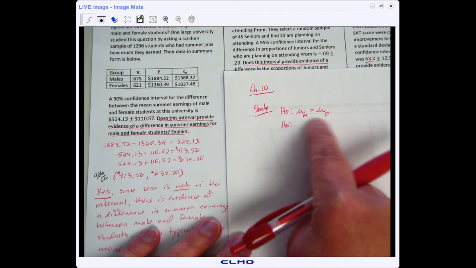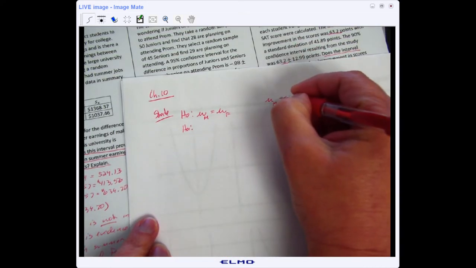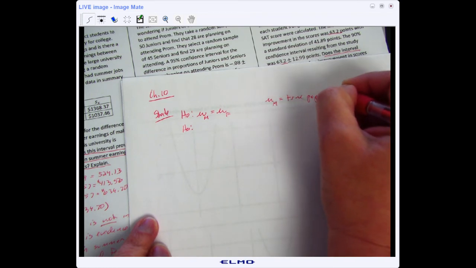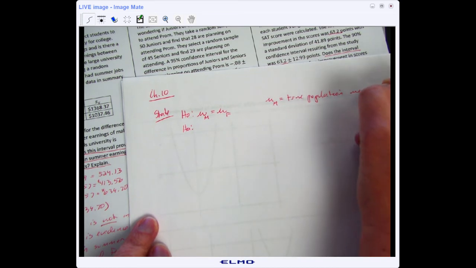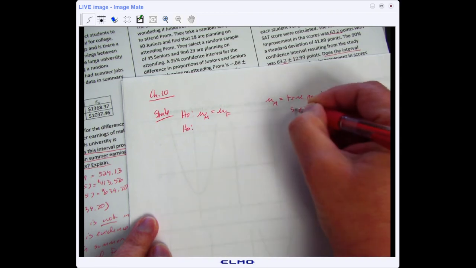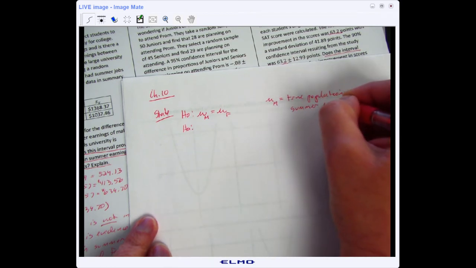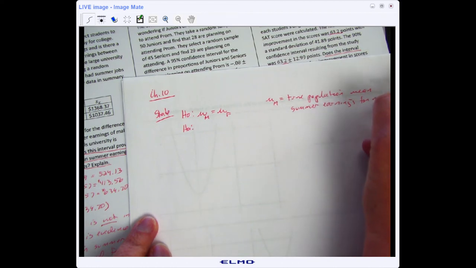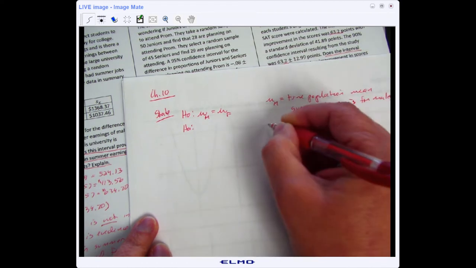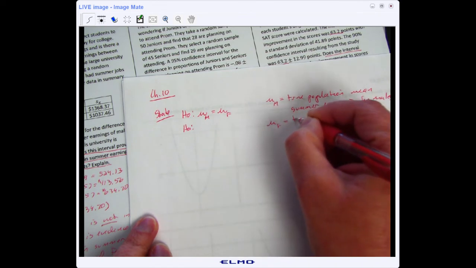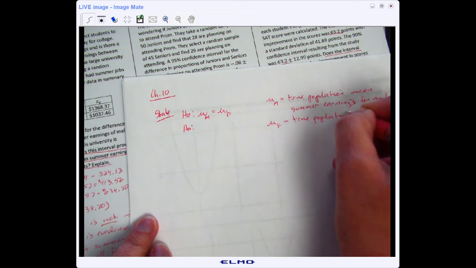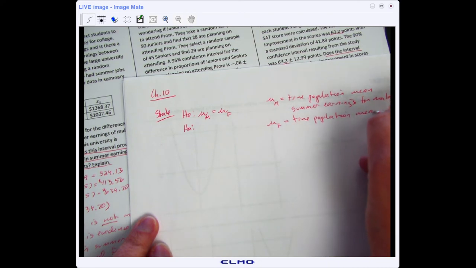If they're equal, there is no difference. So let me identify mu of M equals the true population mean summer earnings for males, and mu of F is the true population mean summer earnings for females.